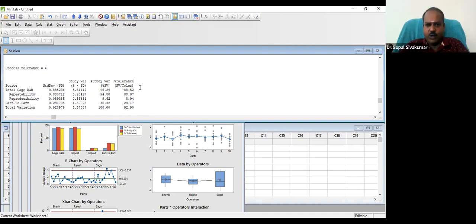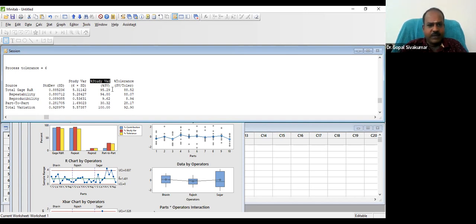See, this column, percentage tolerance, appears only when you declare USL and LSL. If you don't declare USL and LSL for some reason, let's say you don't know the specification limits, then Minitab will simply assume the maximum value as the USL and the minimum value as the LSL, and you will be able to refer only to the study variation column.